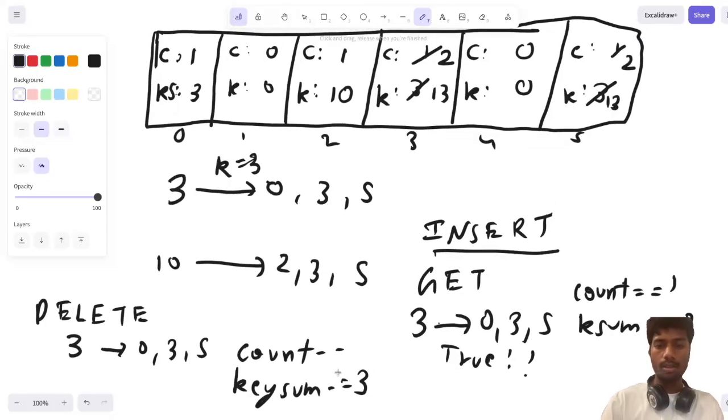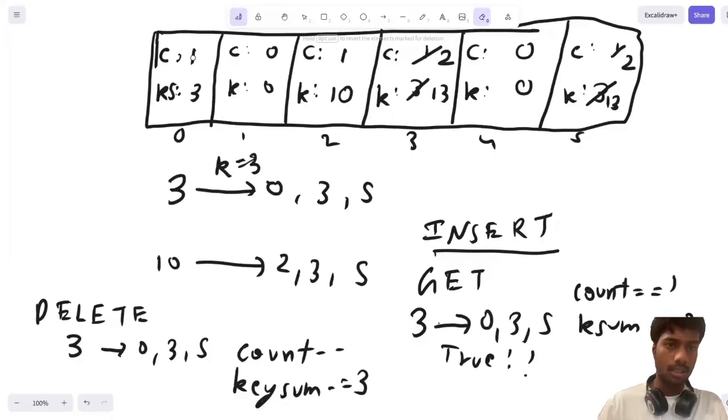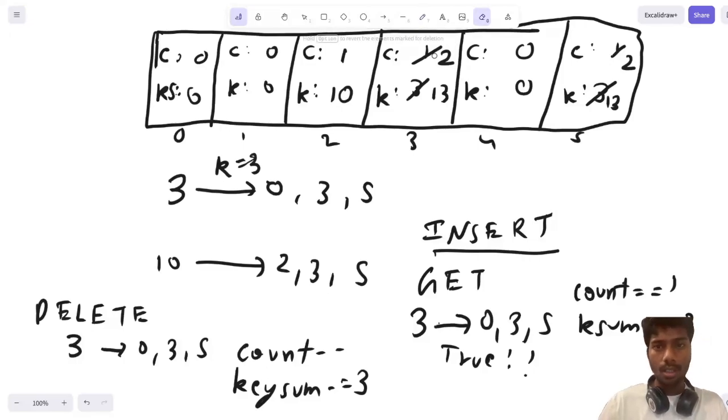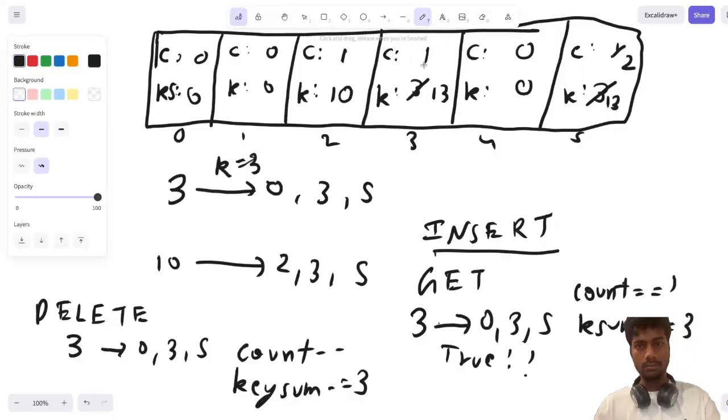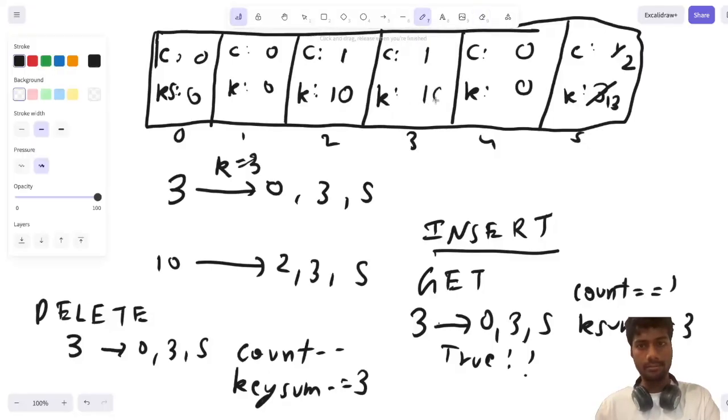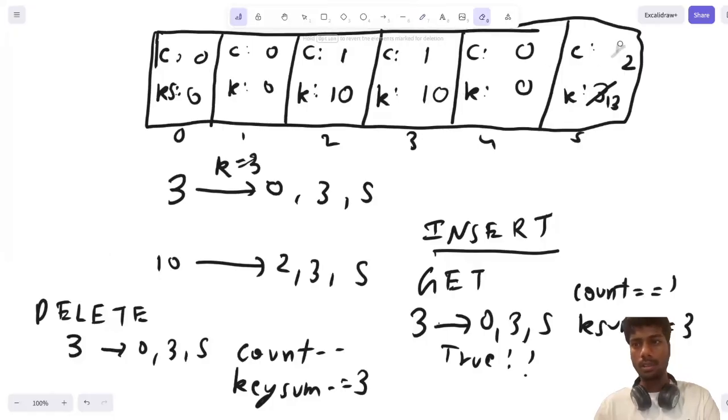So now the array gets updated to this state. The count goes 0 here and the key sum also goes 0 here. 0 and 3 and 5. Yeah. And first we make the count back to 1 and then we bring it down to 10. Same here.